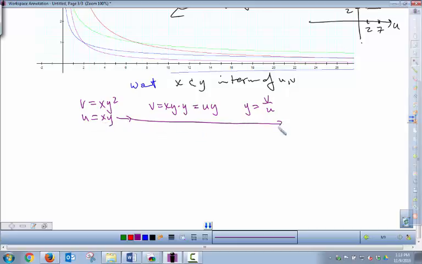So u is equal to x times v over u, and I would solve for x here. x is equal to u squared over v. So that's our pullback function.